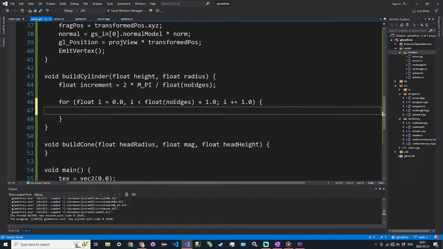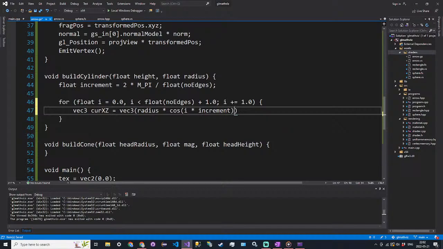All right, and then we're going to get a current value, and so we're going to get the coordinate in the y equals 0 and then the y equals height points. So vec3 current xz is equal to, so the vec3 is going to be, we're going to do radius times the cosine of I times increment.